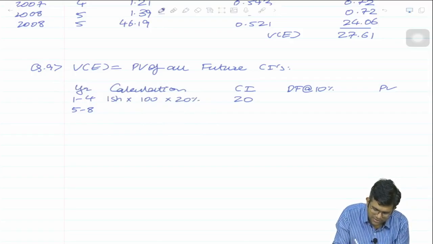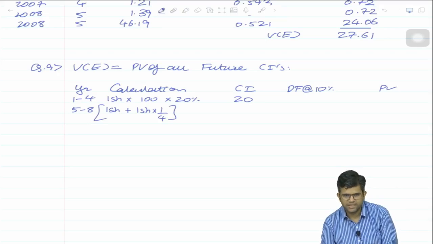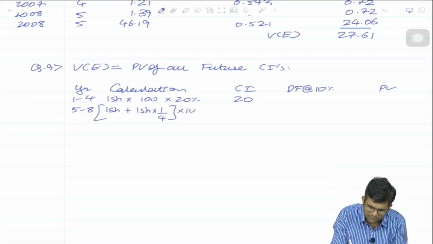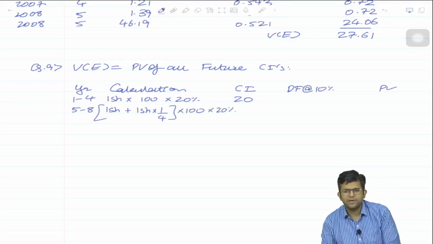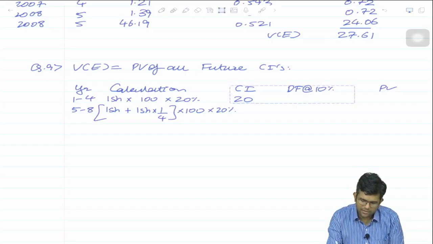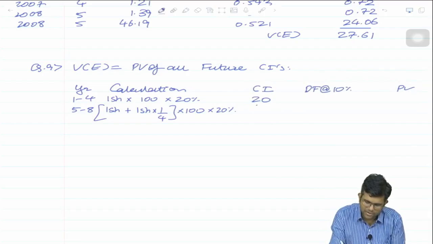For next 4 years, I'll be having one share plus one share into 1 by 4. So basically I'll be having 1.25 shares. The face value of those shares of course will be 100 and the dividend rate is not going to change. Everybody, are you able to understand now? Clear? And of course the dividends will now become 25. You don't need to even calculate anything.